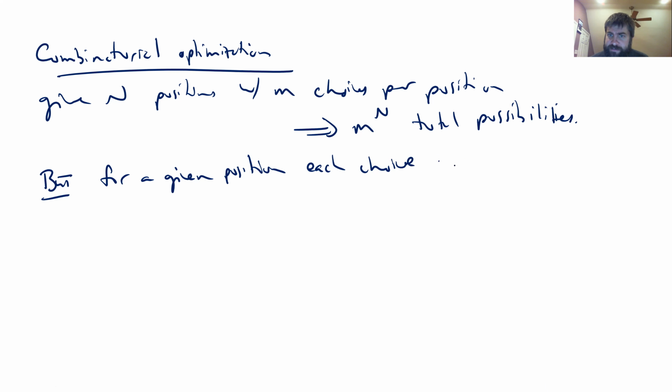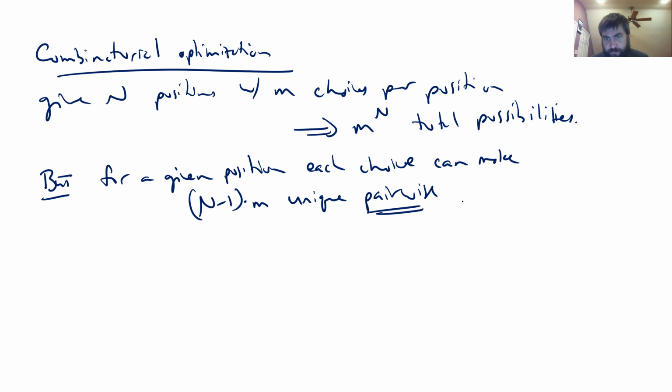Each choice can make only n minus 1 times m unique pairwise interactions.